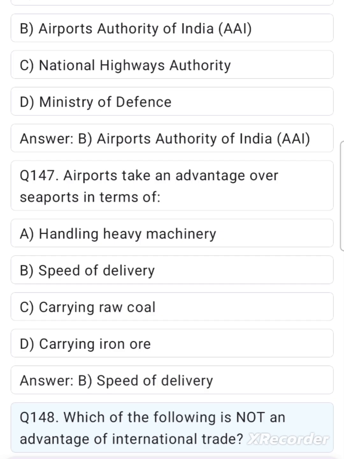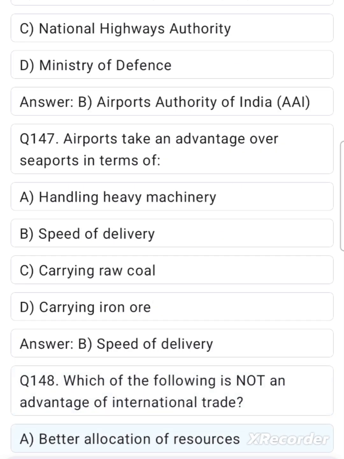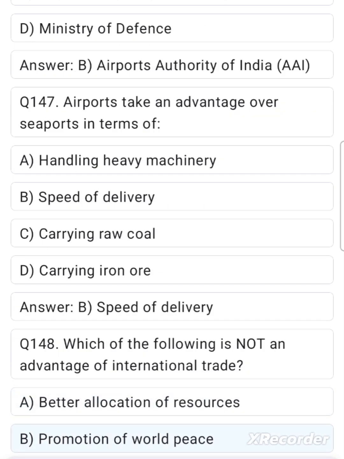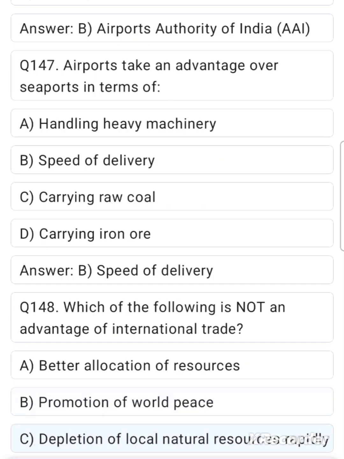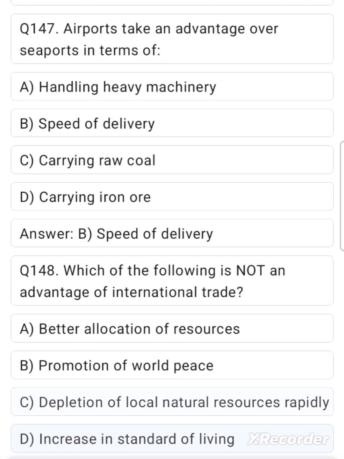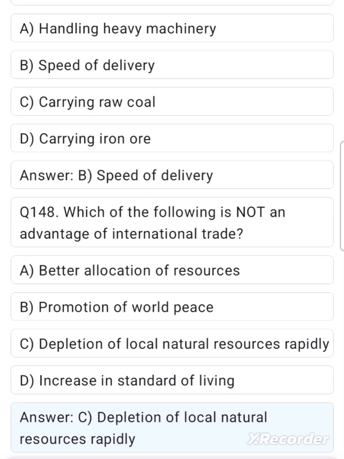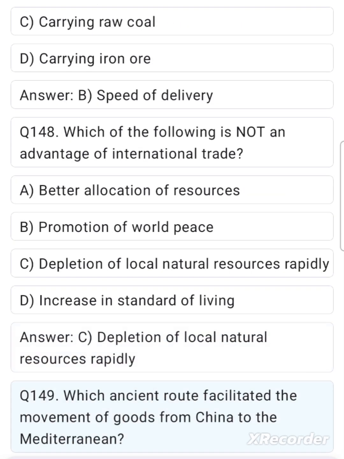Q148. Which of the following is not an advantage of international trade? A. Better allocation of resources. B. Promotion of world peace. C. Depletion of local natural resources rapidly. D. Increase in standard of living. Answer: C. Depletion of local natural resources rapidly. Q149. Which ancient route facilitated the movement of goods from China to the Mediterranean?